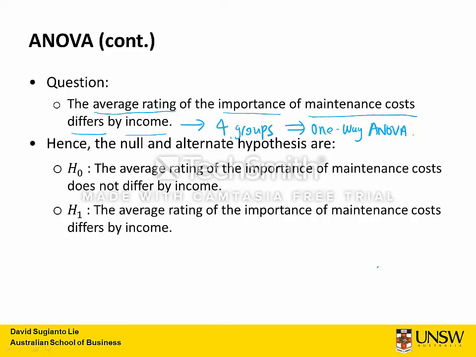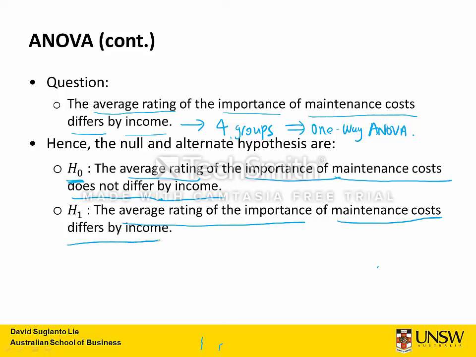The way we set up the null and alternate hypotheses is still the same as what we use in independent samples. H0 again is about equality: the average rating of maintenance cost does not differ by income. H1 is that the average rating of importance of maintenance cost differs by income, because H1 is about inequality and H0 is always about equality.